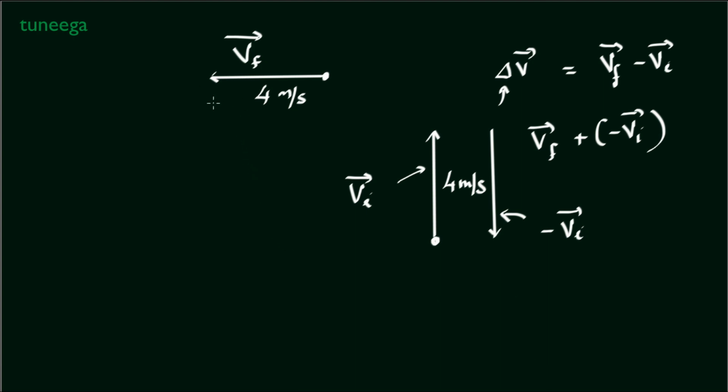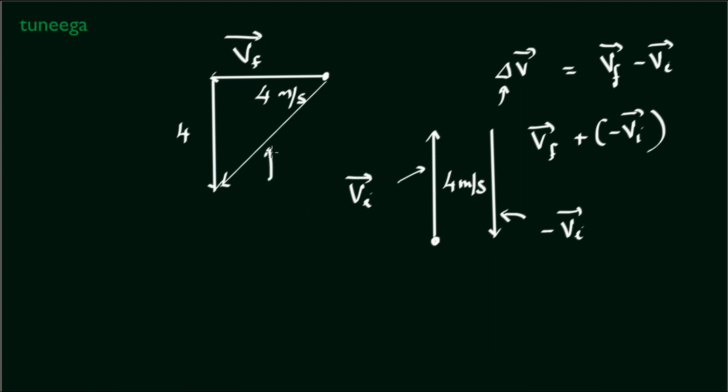So this vector is minus of the initial velocity. Slide minus Vi and add it to Vf. That means place it tail to tip like this. If I do that, this is also 4 meters per second in magnitude. I get the resultant is this vector 4 root 2 meters per second. In which direction? Southwest.